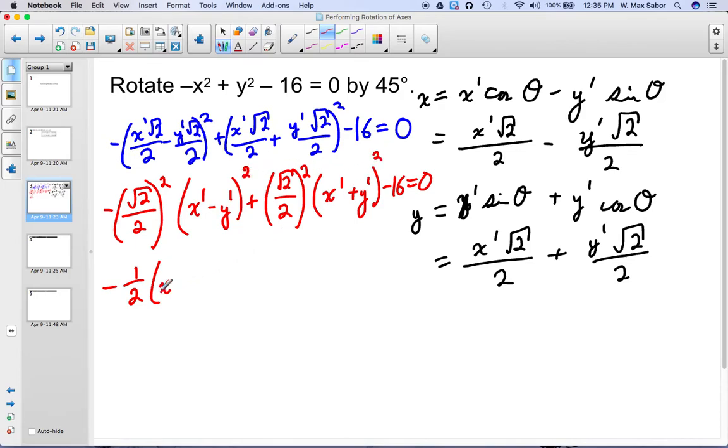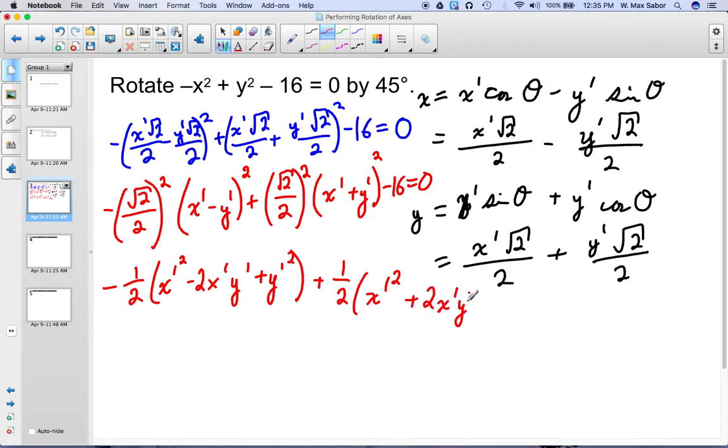So x prime squared minus 2x prime y prime plus y prime squared, plus, well, this is going to be 1/2 times x prime squared plus 2x prime y prime plus y prime squared, minus 16 equals 0. So I'm just expanding this by multiplying it out. Let's get rid of these 1/2s by multiplying everything by 2.